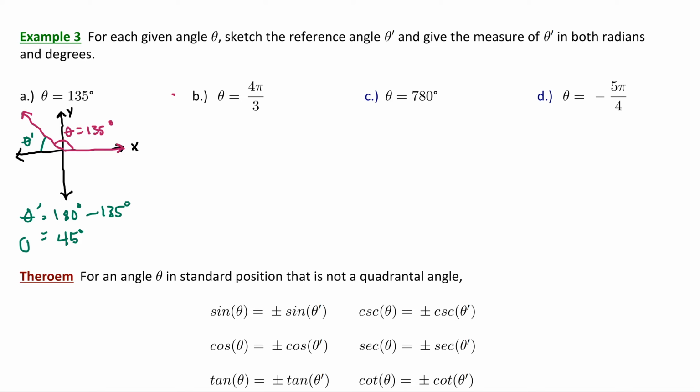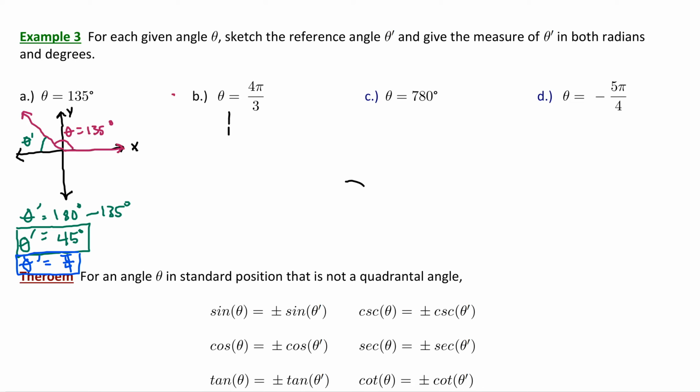So our reference angle theta prime in degrees is 45 degrees. We could also recognize that in radians, theta prime then is pi over 4. Either you have that memorized or you remember that you can multiply 45 degrees by pi over 180 degrees and reduce, and you'd end up with pi over 4. Let's try the next example.